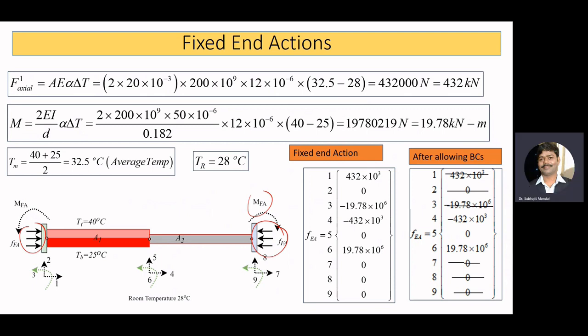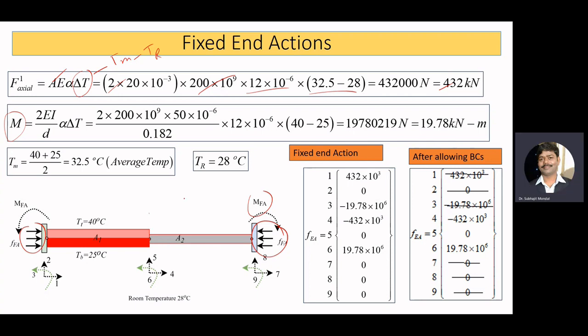That value will be AE alpha times delta T, where delta T is the mean temperature minus the room temperature. The A, E and alpha values are known to us, and delta T is 32.5 minus 28, and that gives 432 kilonewton.